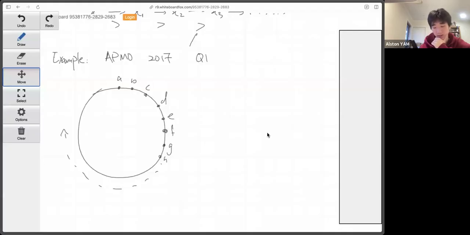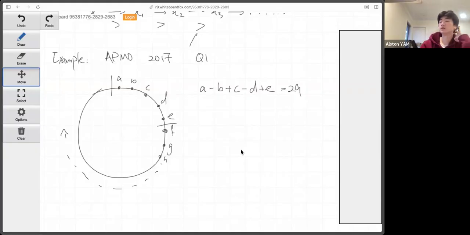And the condition is that if we take any 5 consecutive integers, so for example, if I take this, A, B, C, D, E, and I evaluate this expression, A minus B plus C minus D plus E, that gives me 29.